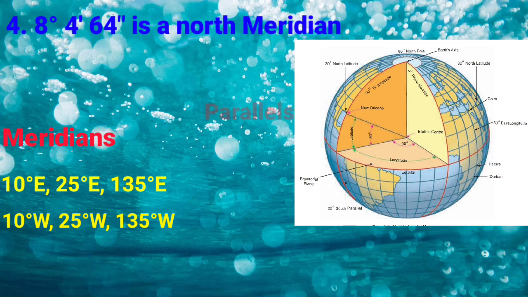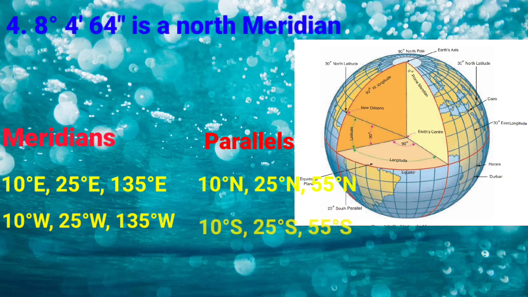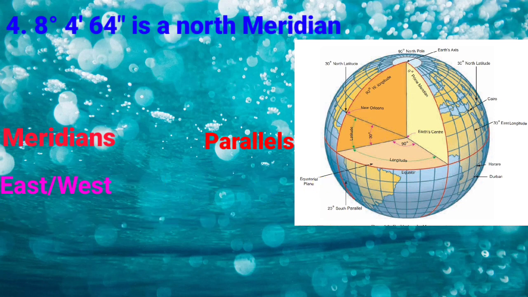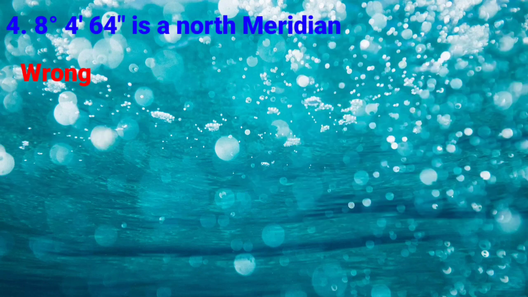And parallels are labeled as 10 degree north, 25 degree north, 55 degree north, or 10 degree south, 25 degree south, and 55 degree south. That means meridians are labeled as east and west, and parallels are labeled as north and south. So this statement is also wrong, and the correct answer is: 8 degree 4 minutes 64 seconds north is not a meridian, it is a north parallel.